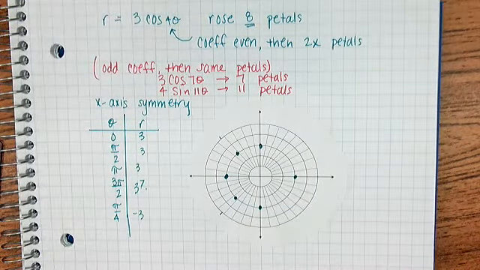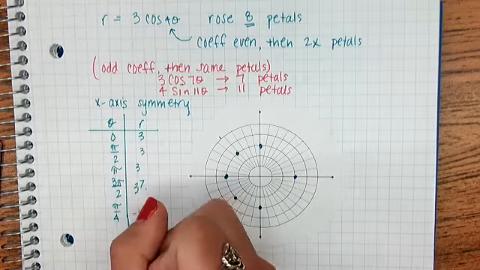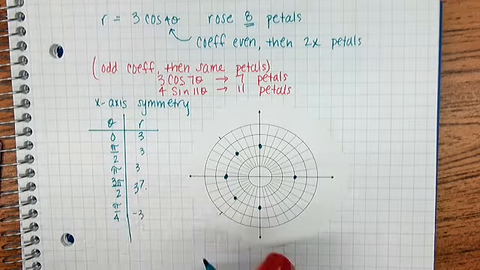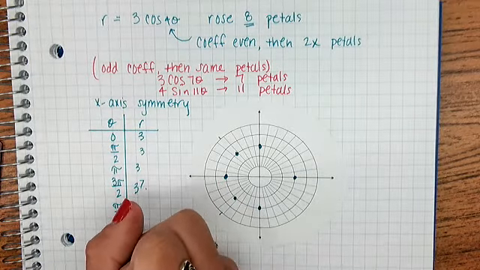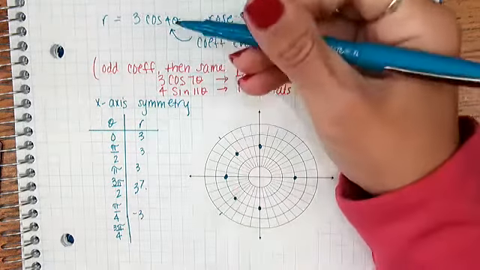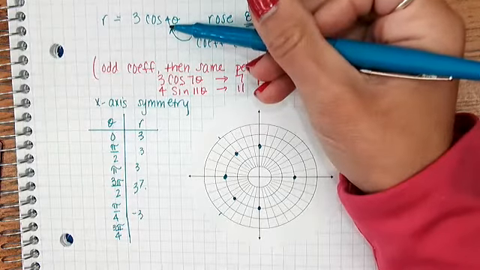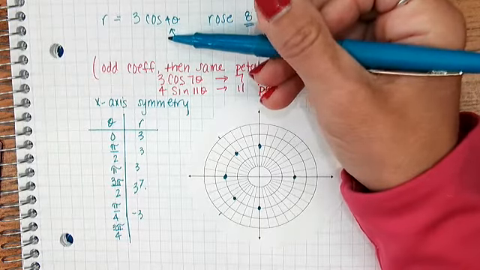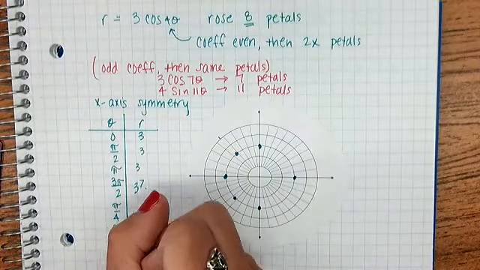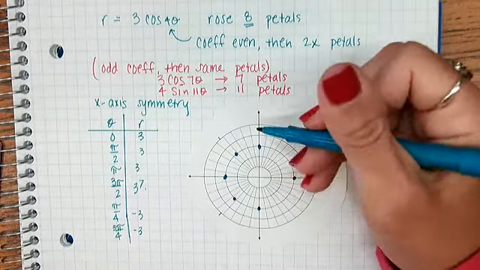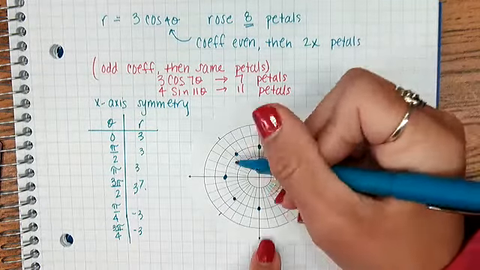Oh my goodness gracious. How about we plug in 3 pi over 4? That's 3 pi. 3 pi over 4 times 4 is 3 pi. The cosine of 3 pi is -1. You also get -3.